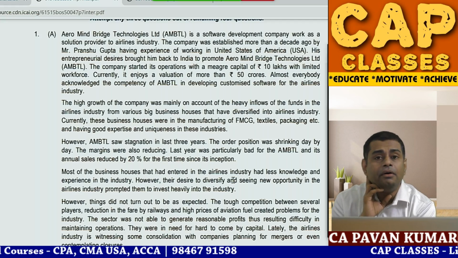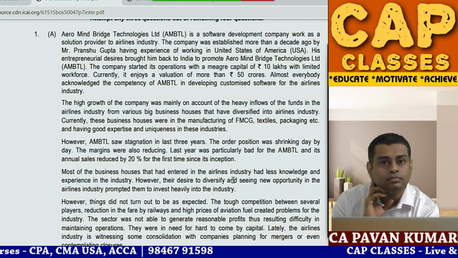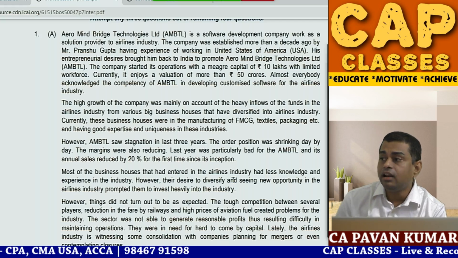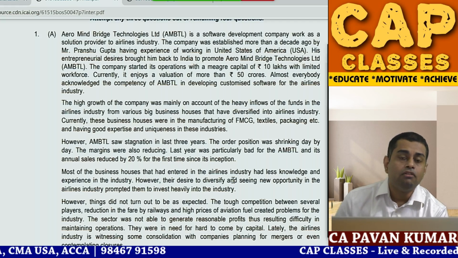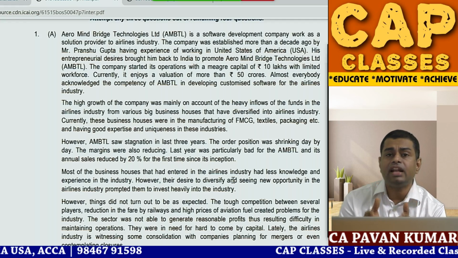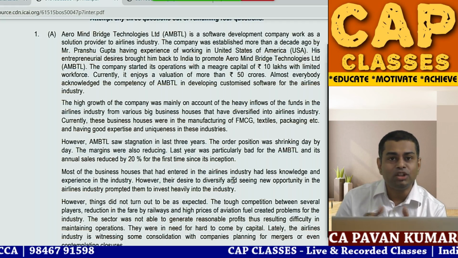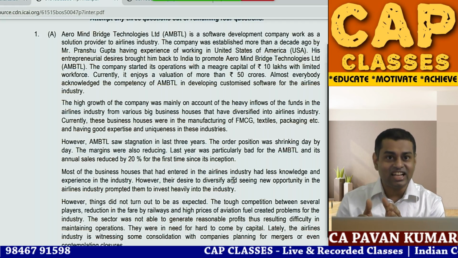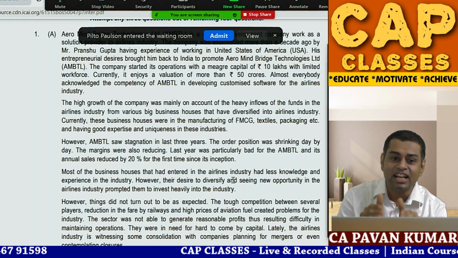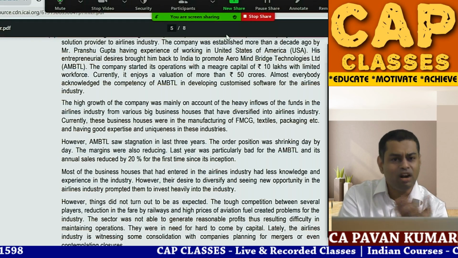Take Go Air. It belongs to one group, the Wadia group, where they have Bombay Dyeing and Britannia. So they are into FMCG, they are into textiles, and now they are starting into airlines.